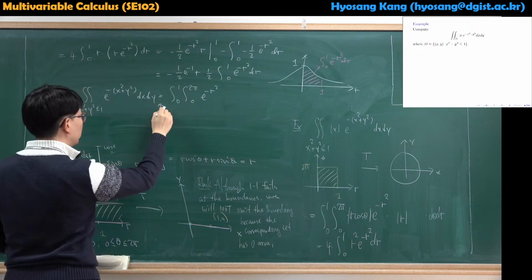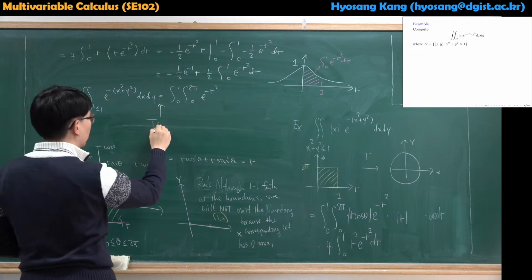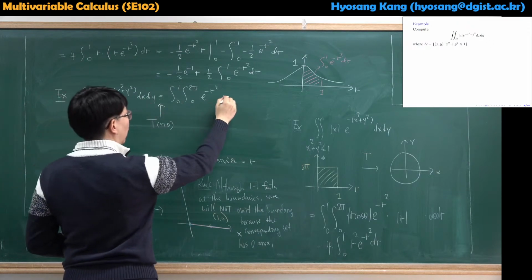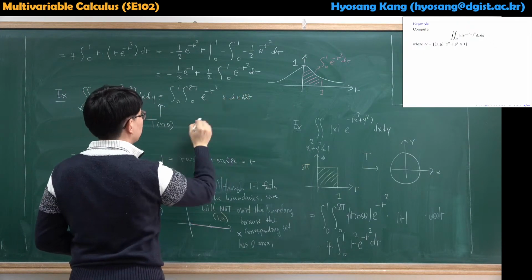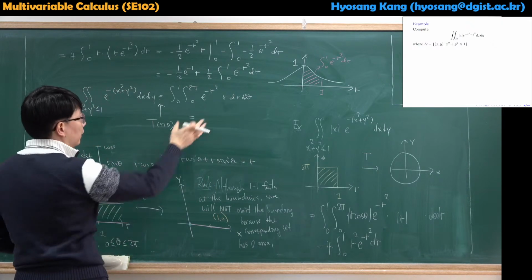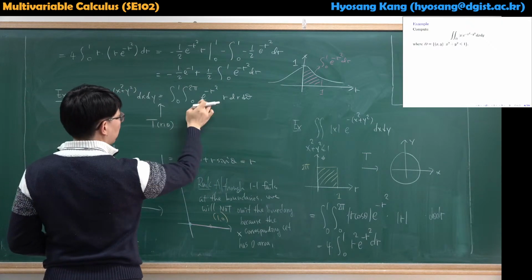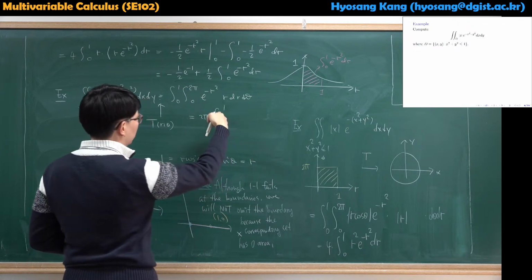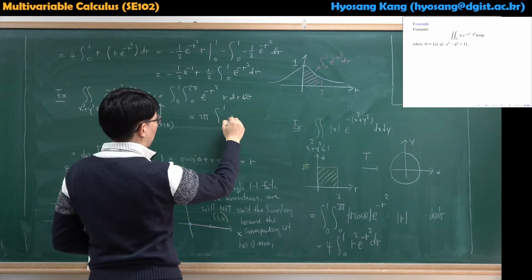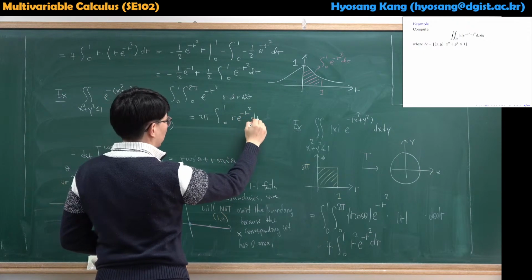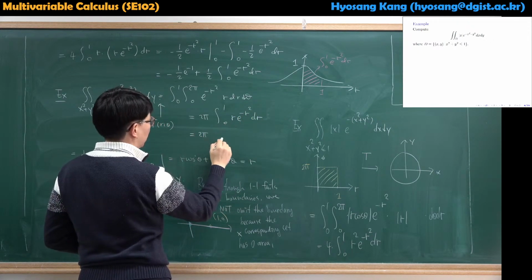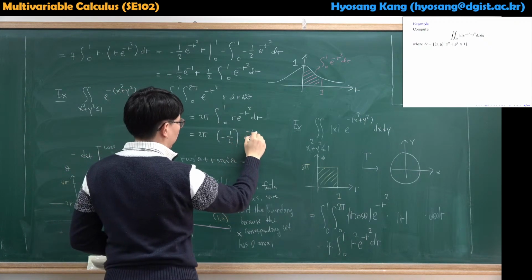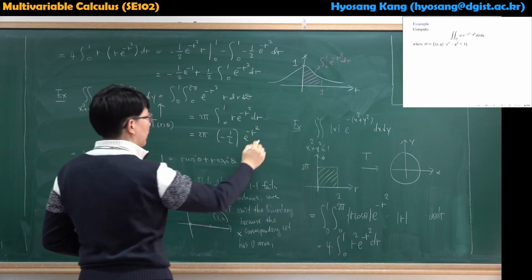I'm going to use the same polar transformation, dr d theta, and this becomes r dr d theta. Well, there's no theta, so we have 2 pi, and we are getting the integral from 0 to 1 of r e to the minus r squared dr. So this becomes minus 1 over 2 e to the minus r squared from 0 to 1.